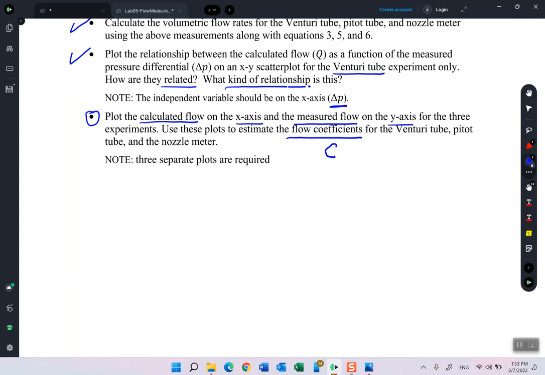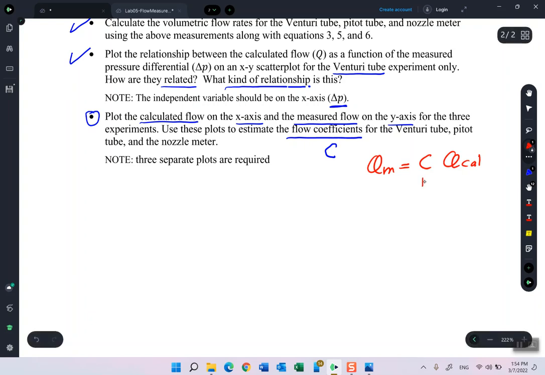I am going to plot the relationship between the calculated flow and the measured flow because I know that Q measured equals C multiplied by Q calculated. So if I know the relation between Q measured and Q calculated, I can easily get C, because C equals Q measured over Q calculated, right?